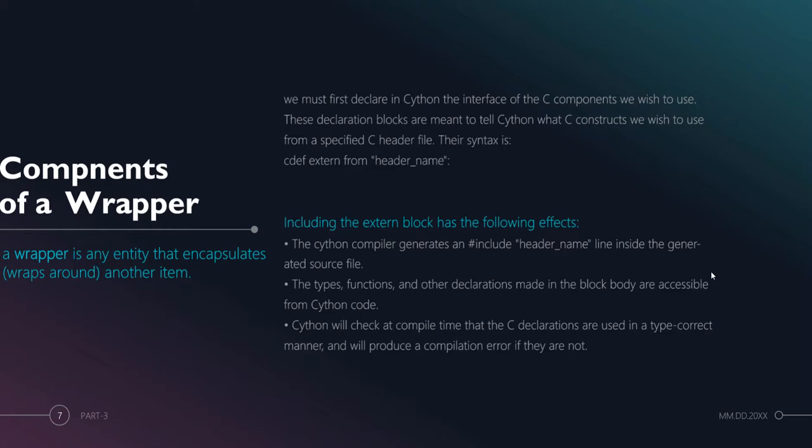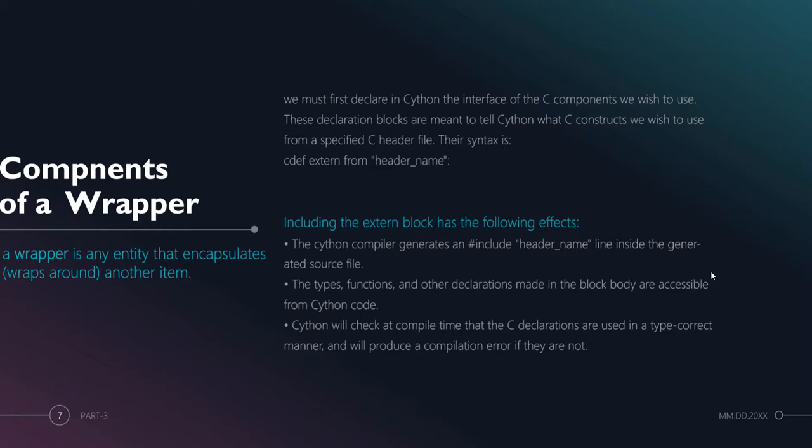So this is the syntax with which you can define it in a declaration file. We'll look at an example later on. What actually happens when we do this is the Cython compiler generates a #include header_name line inside the generated source code, and the types, functions, and other declarations made in the block body are accessible from Cython code.